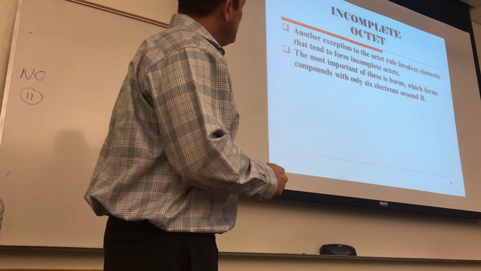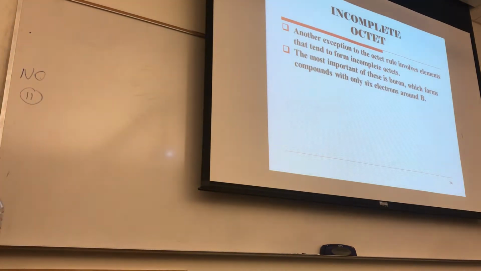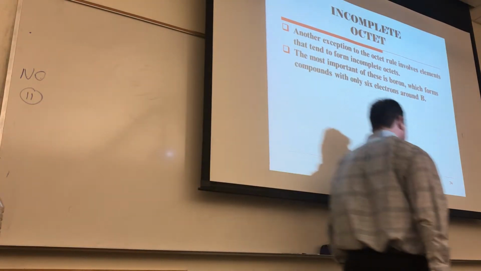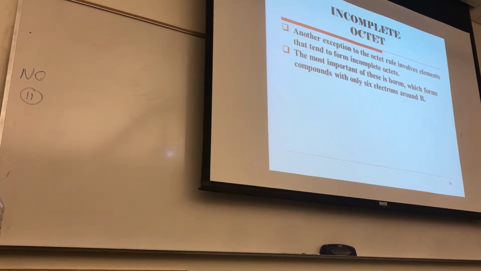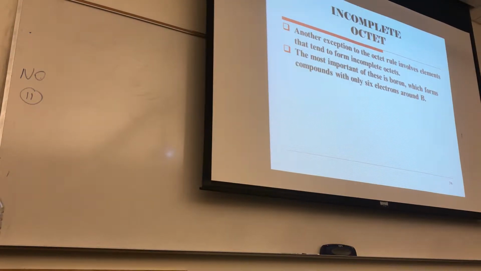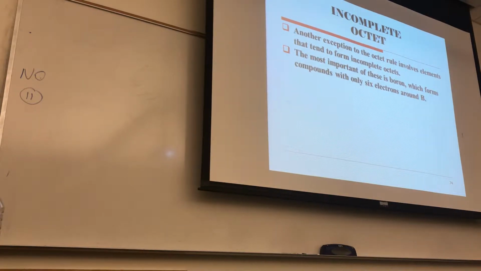Next one, incomplete octet. I don't remember if I've spoken about this before in any class prior, but when I look over here, what would I expect is an incomplete one? Where might I start assessing which positions here?